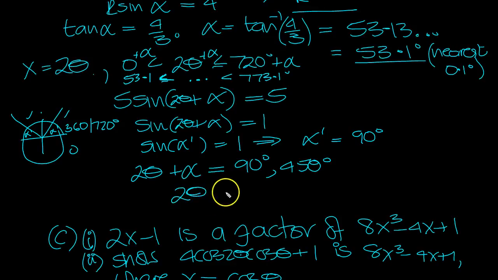So 2 theta will equal, take away 53.1 from this, we get 36.9, and we get 396.9, because you add that to 53.1, you get 406, isn't it?